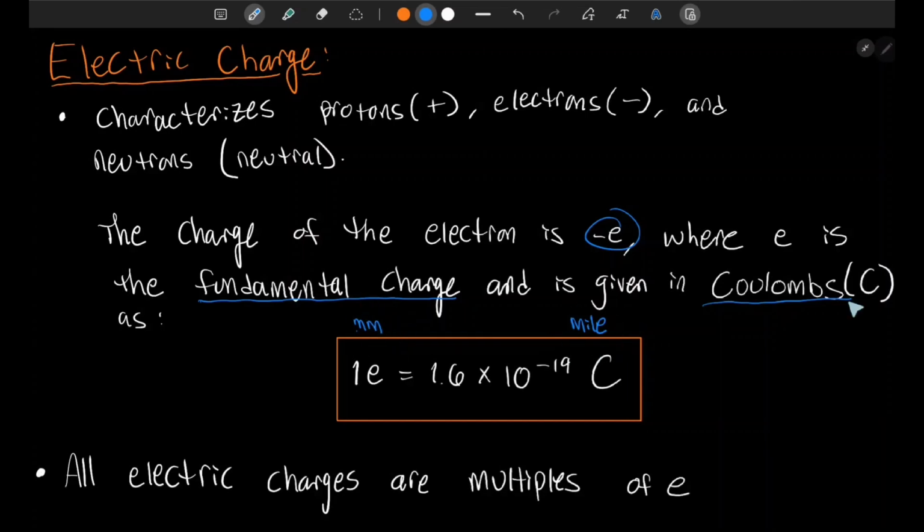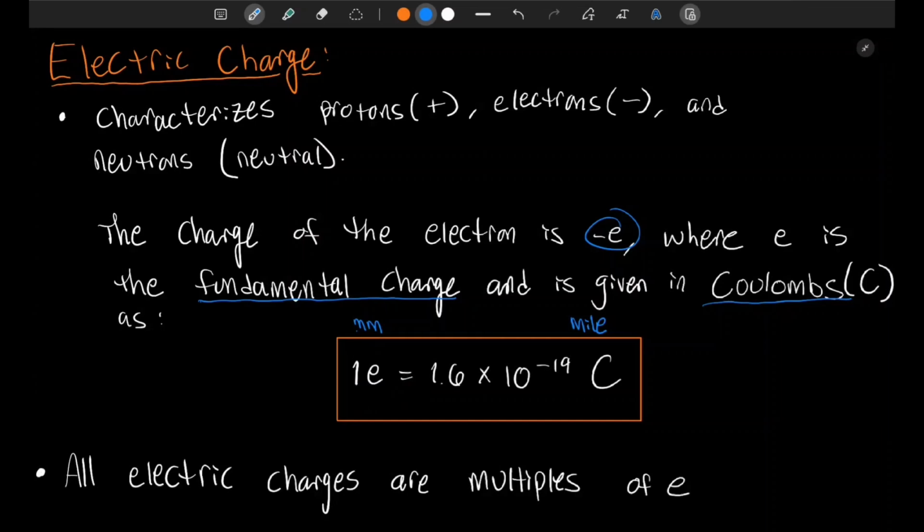In the same way, coulombs often measure the electric charge of a macroscopic object, like a block of metal, or a person, a door, something like this. Whereas the fundamental charge, or E, measures the electrical charge of fundamental particles, like the electron.